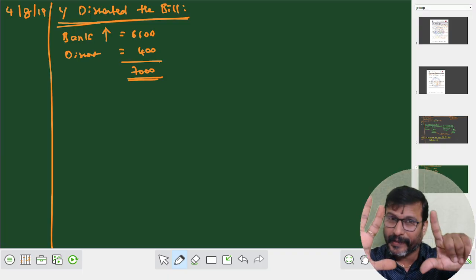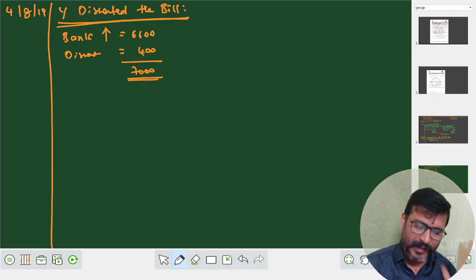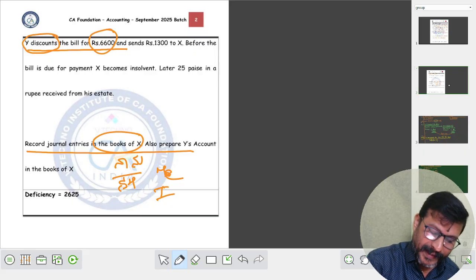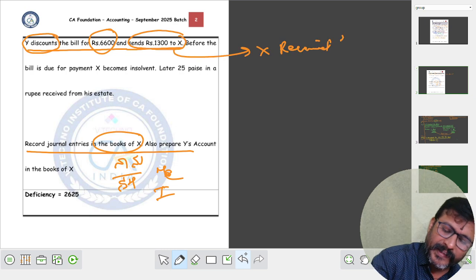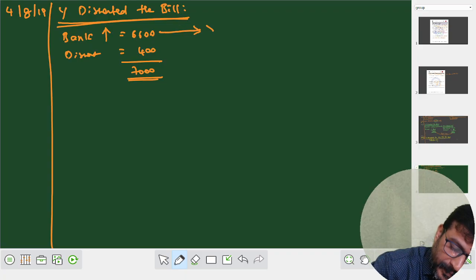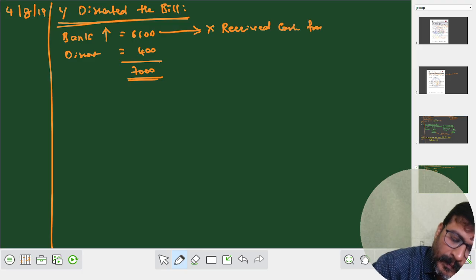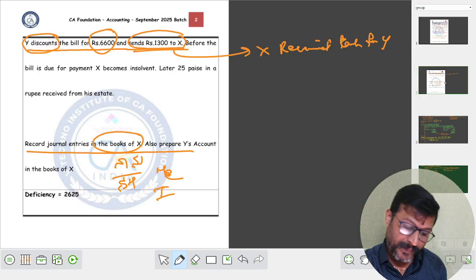Because the new bill amount is 7,000. 7,000 में बैंक को डिस्काउंट किए 6600 में. सो जब आपको हो गया 400 रुपीज डिस्काउंट, बाद में वही क्या करता देखिए ना, and sends 1300 to X. It means X received cash from Y. How much? 1300. Let us write cash received, 1300.